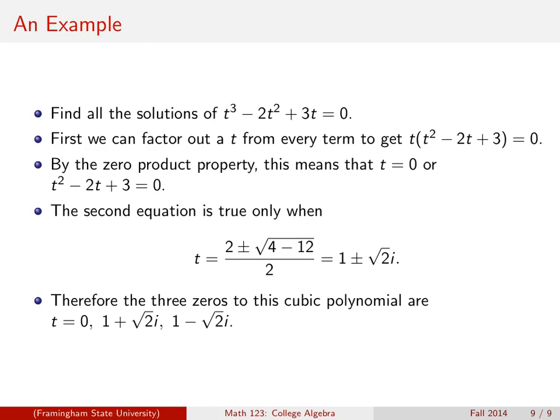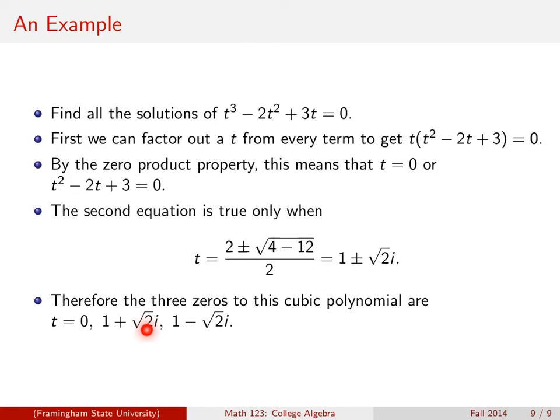So here's another example where we factor by using a greatest common factor. We use the zero product property or rule to set t to be 0 and t squared minus 2t plus 3 to be 0. Then we can do the quadratic formula on this. If we clean up the square root of negative 8 and simplify fully, we can have our conjugate pair.